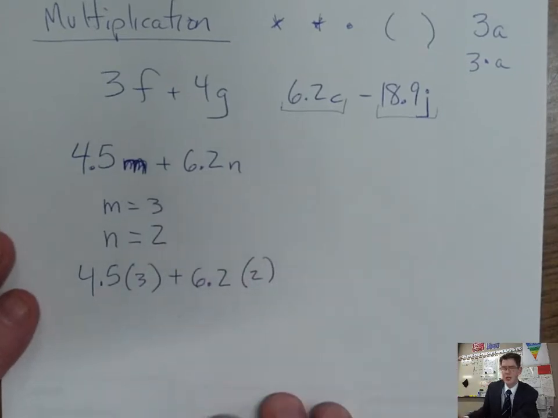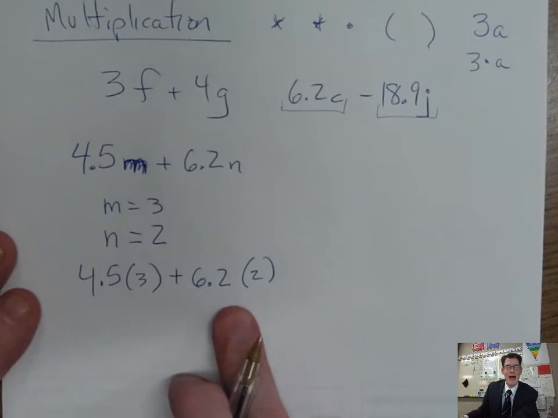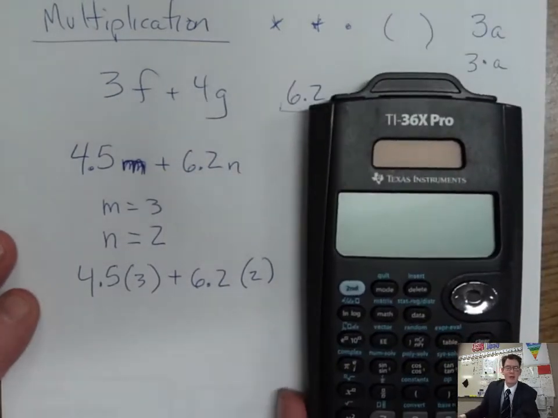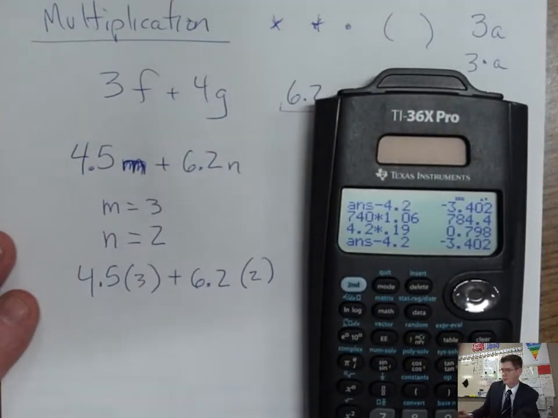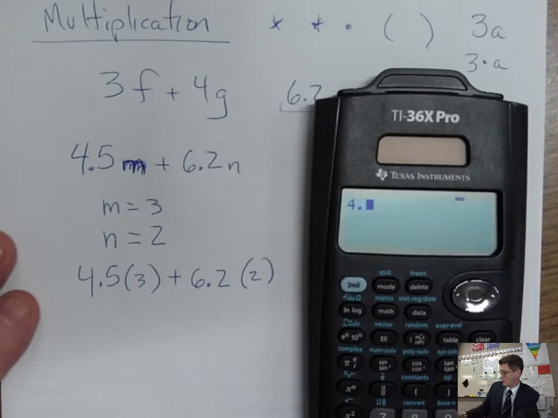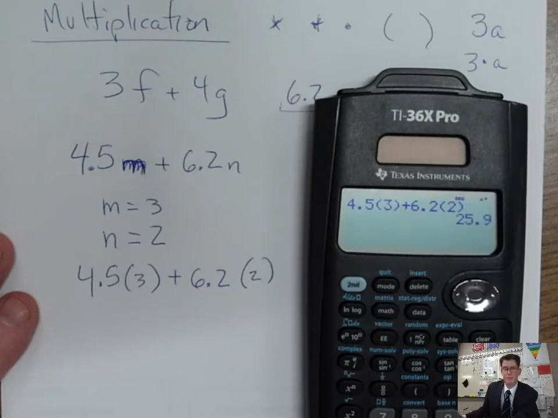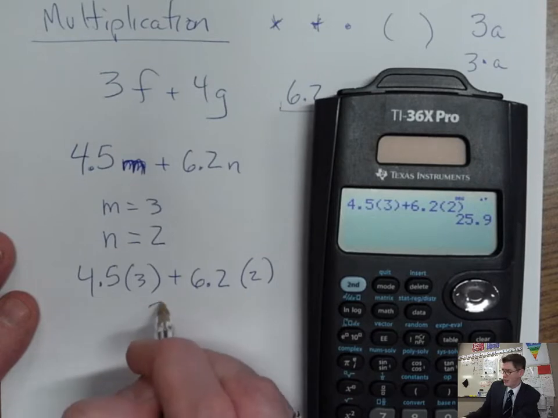You can just substitute in. You can just type that expression right into the calculator and you'll get an answer. 4.5 threes plus 6.2 twos, and when I hit enter, I'll get the answer: 25.9. So that is equivalent to 25.9.